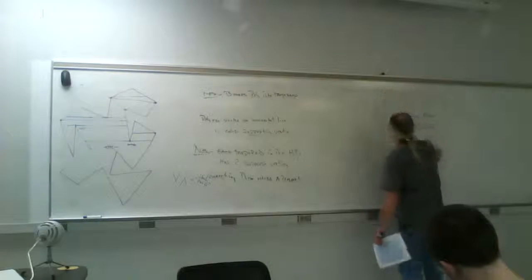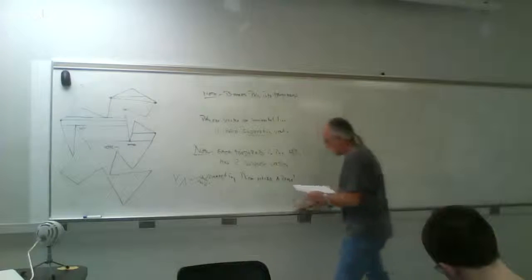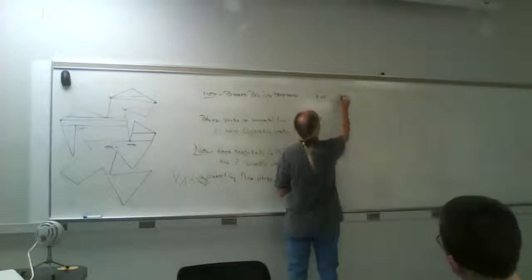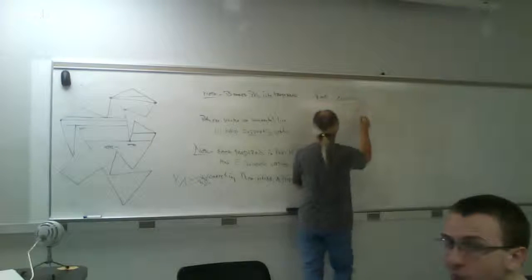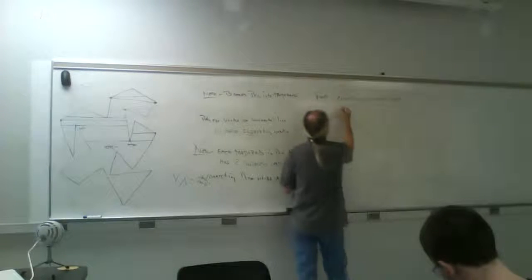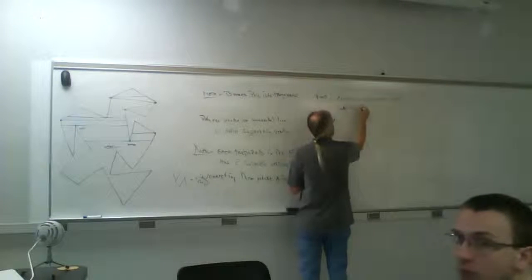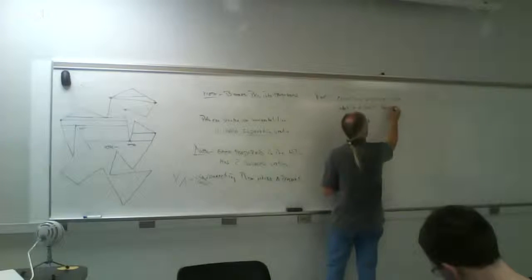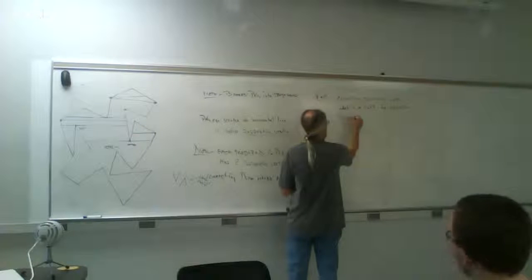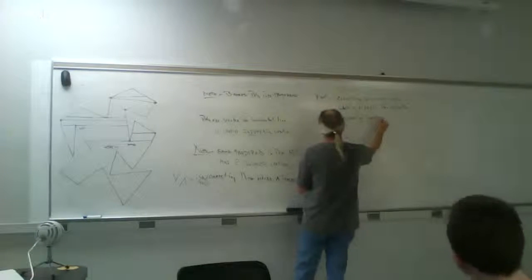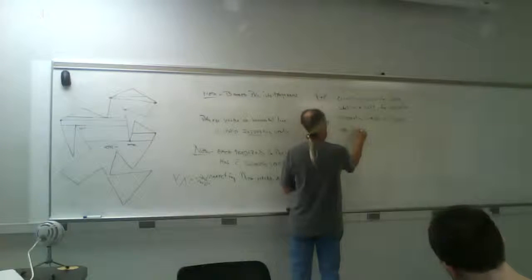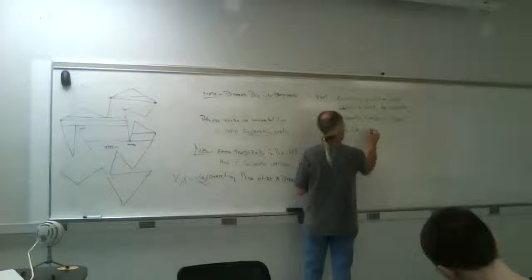Let me state the fact that drives everything here. The fact is, if you connect a supporting vertex, which is a cusp, to the opposite supporting vertex, we break the polygon into Y monotone chunks.